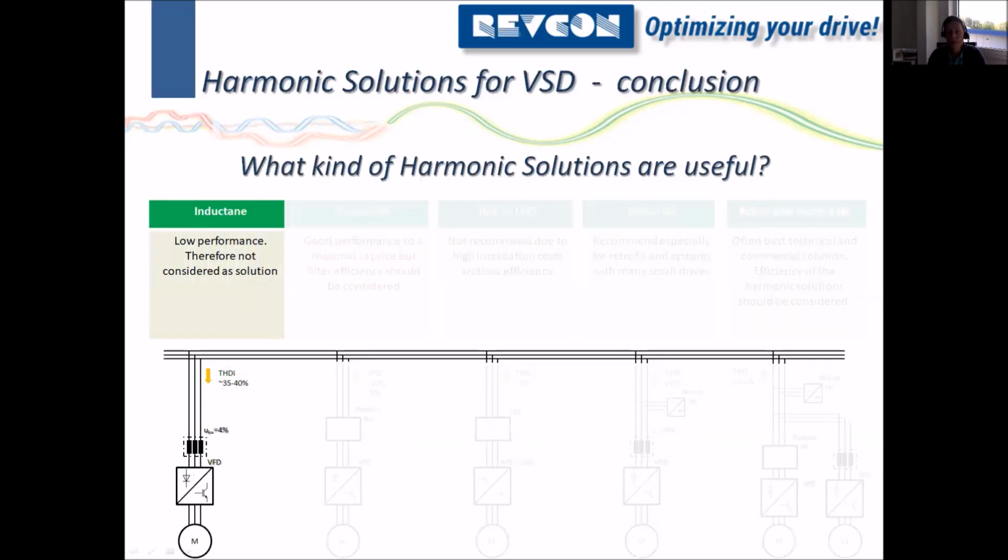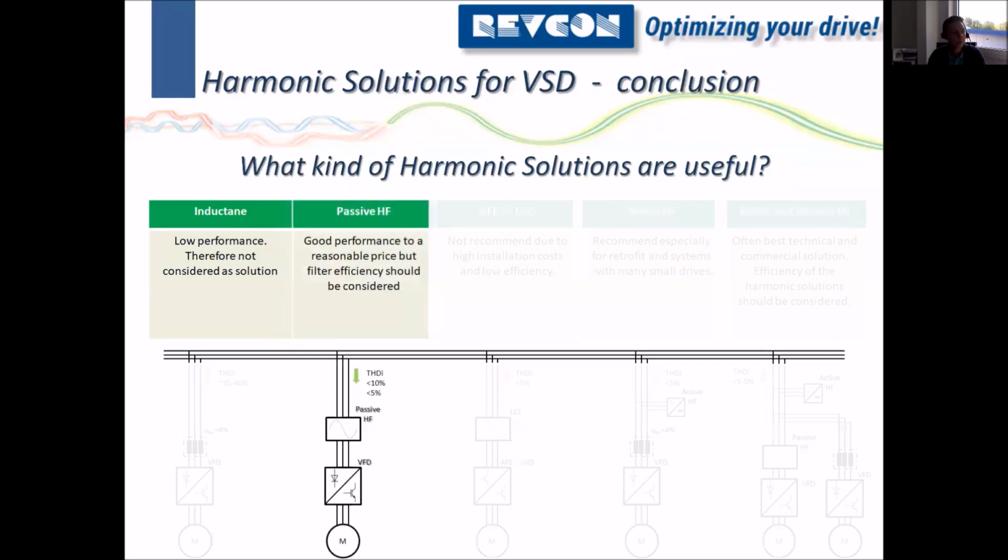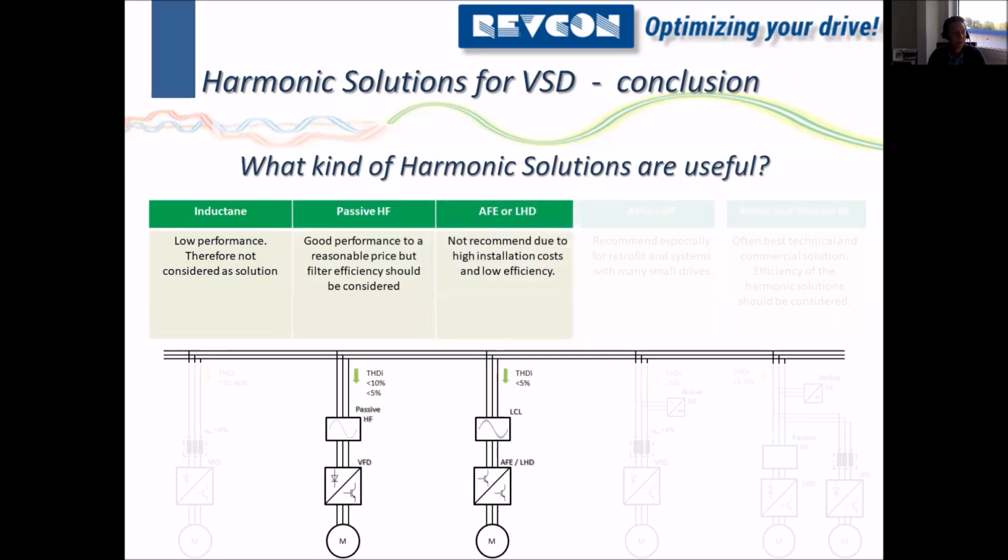Okay, so let me sum up. What kind of harmonic solutions are useful? We have the inductance, which should always be mandatory from my view. We have passive harmonic filter, active front end, which is, in my opinion, not a good way to solve harmonics, at least not on simple applications where you need no DC boost, you need no regen power, just simple pumps and fans.